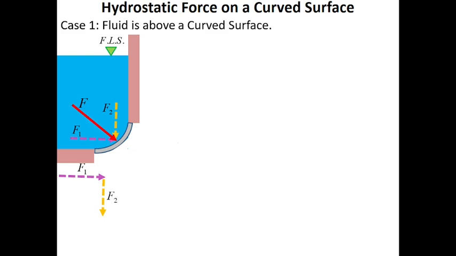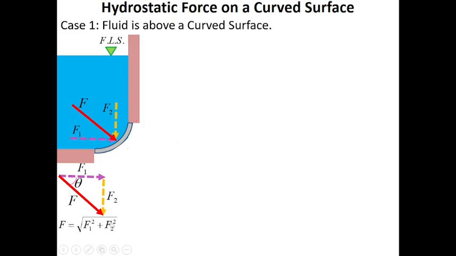So we have here F2, and we have the hydrostatic force F, and we have the angle to consider between F1 and F. Let's say that is angle theta, and in this case we have a right triangle, and we can apply the Pythagorean theorem in solving for the hydrostatic force F acting on the curved surface.